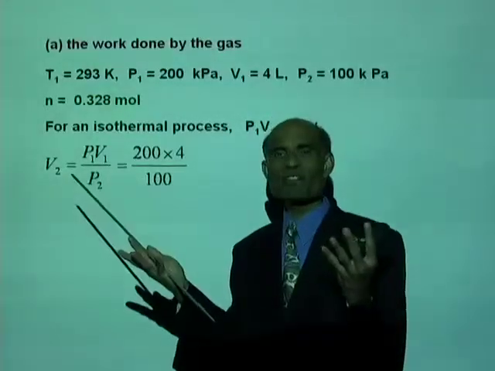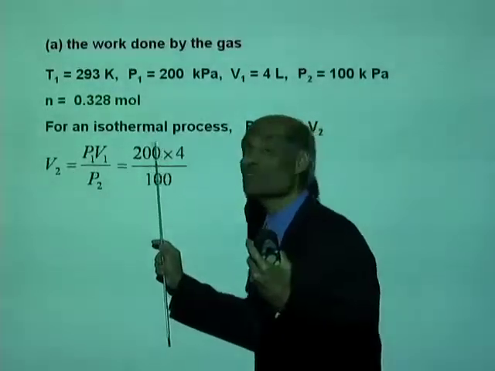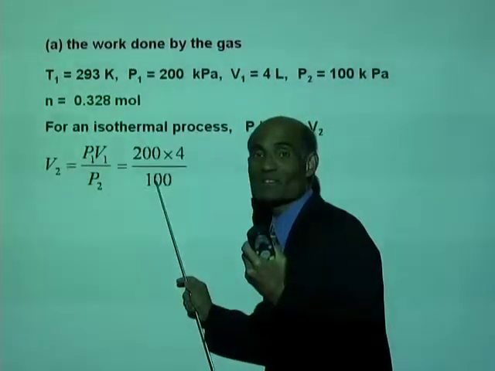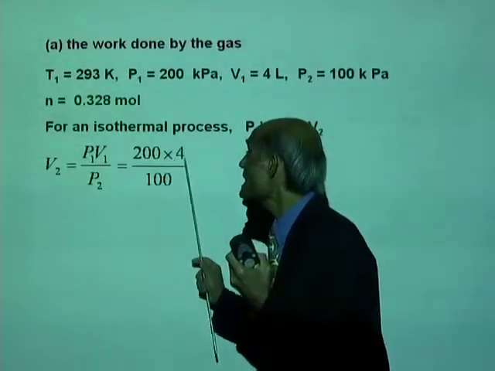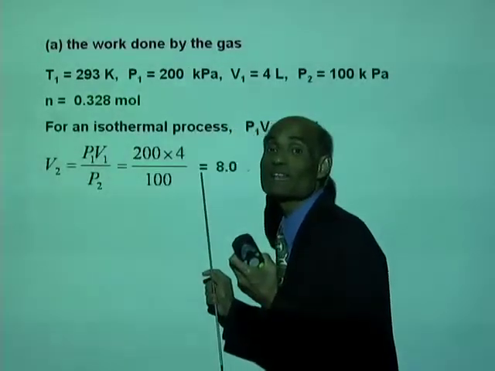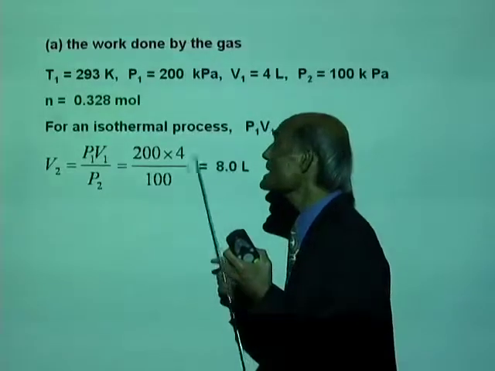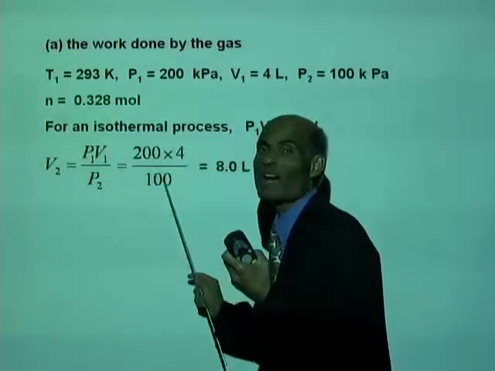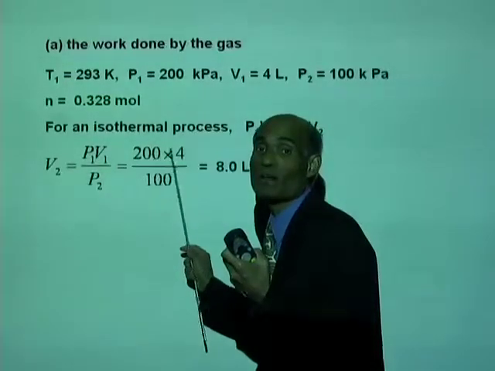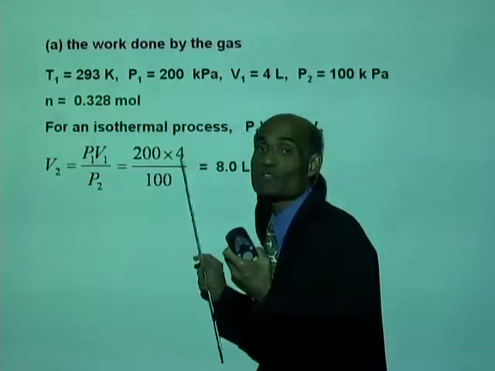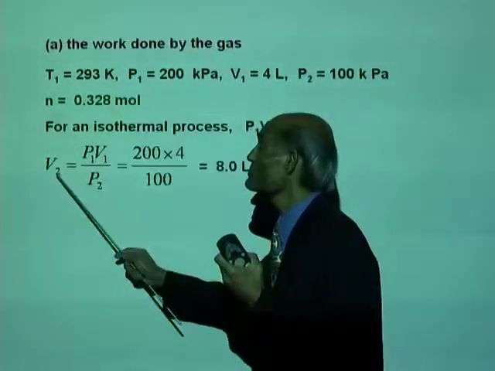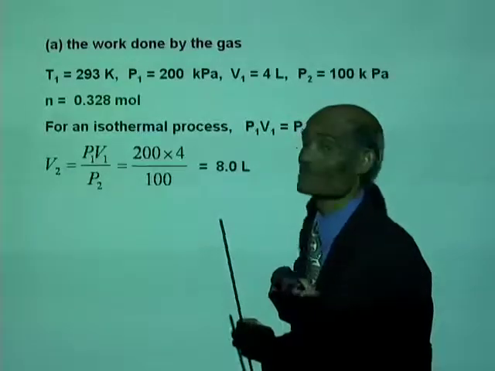I haven't changed anything there because I left the pressure units in kilopar, numerator and denominator. I left V1 in liters, so that I will get V2 also in liters. I hope you understand why I did not write any units there. This is 200 kilopar times 4 liters divided by 100 kilopar. So that gives me V2 equal to 8 liters.